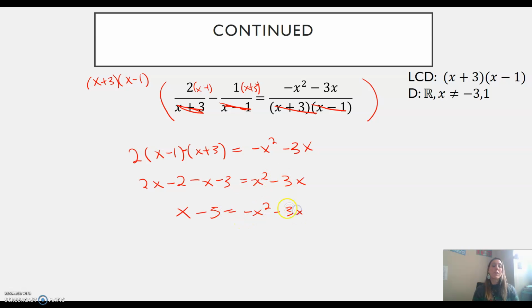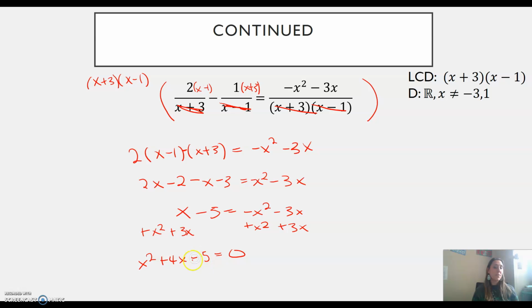All right, so now I've got everything, but I do have a quadratic. And to solve a quadratic for x, I'm going to need to get this whole thing equal to 0. So I'm going to add x squared and add 3x, and I'm going to do that over here too. So plus x squared plus 3x, and I end up with x squared plus 4x minus 5 is equal to 0. Now I can factor it and solve.